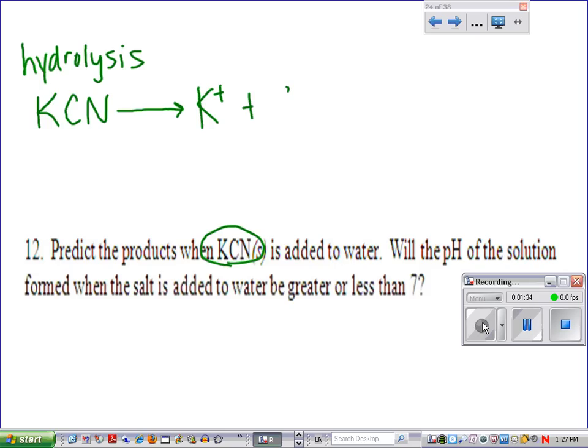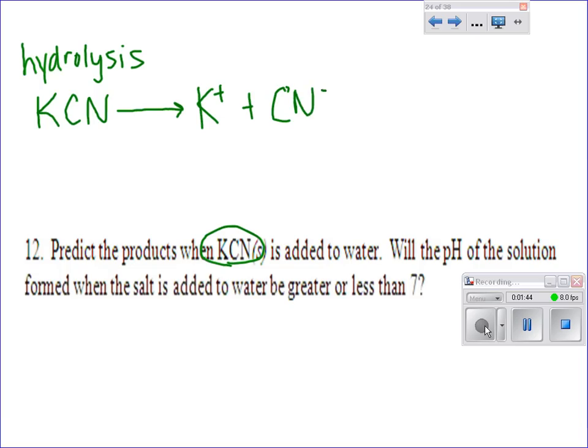Looking at KCN, when it dissolves in water, we make K+ and CN-, correct? Whenever you're doing a dissociation equation, it's a single-headed arrow. I want you to make sure you know that dissociation of something that's soluble is the arrow in one direction.